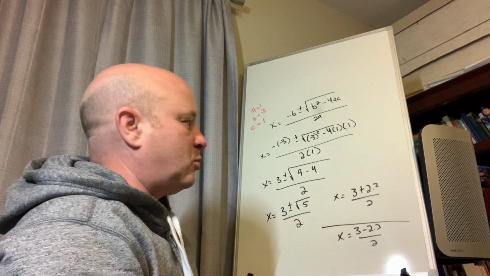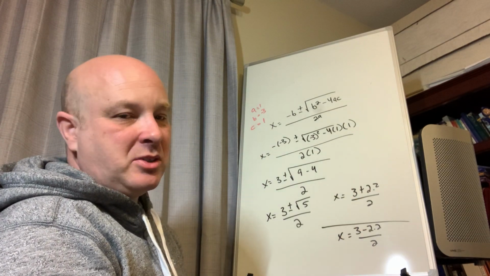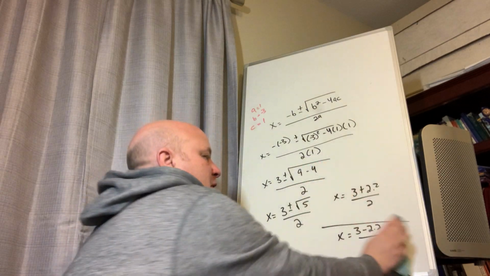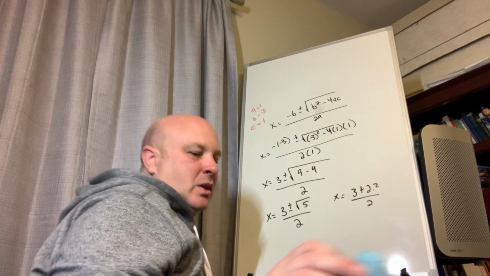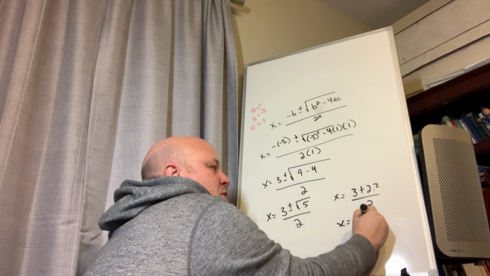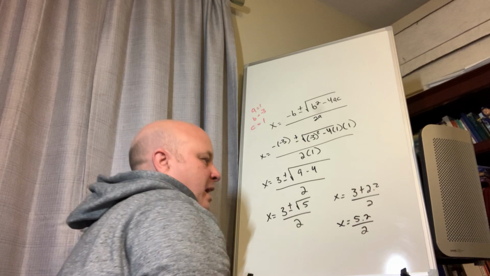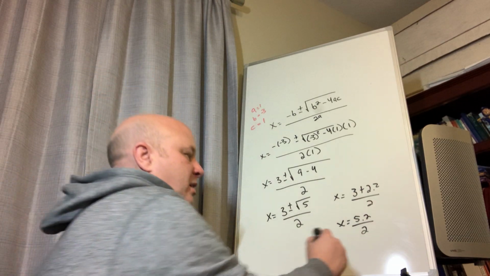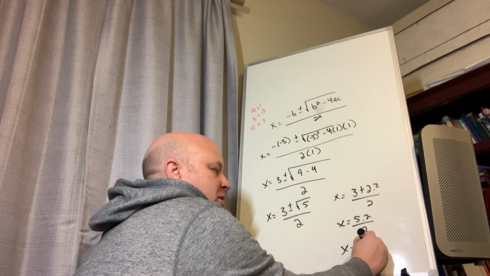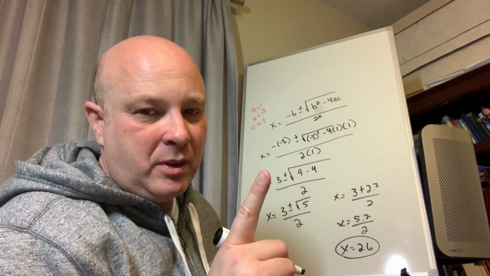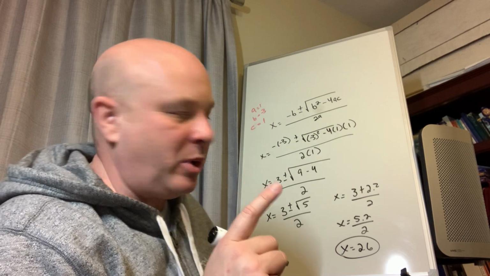X equals 3 plus 2.2, that's 5.2 divided by 2. Let me just do this over again. Okay. X equals 5.2 divided by 2, which would be 2.6. X equals 2.6. Okay, so that's one answer for number 1, x equals 2.6.